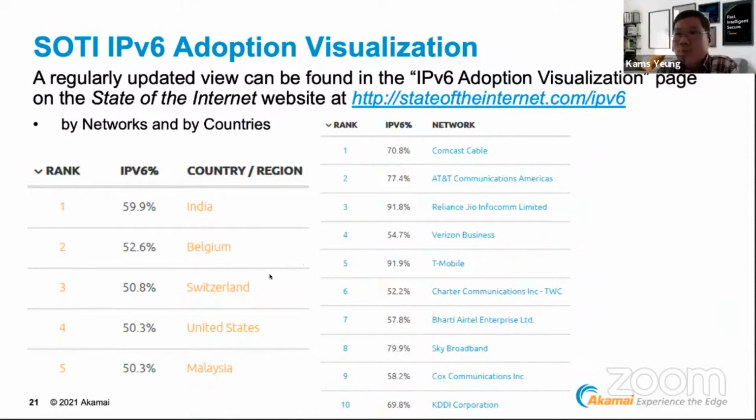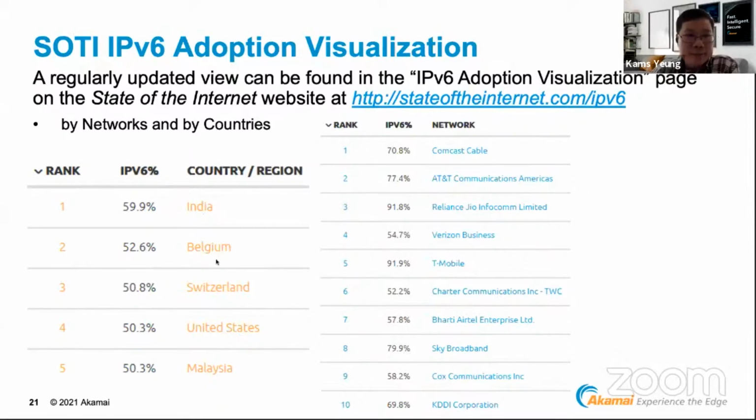This is snapshot data that I captured probably 2 weeks ago from the Akamai SOTI report. We collect information per country and also per network. You can see that on a global level, the number one V6 deployment is India because they have very high growth of the internet user population, and they have a lot of mobile users.